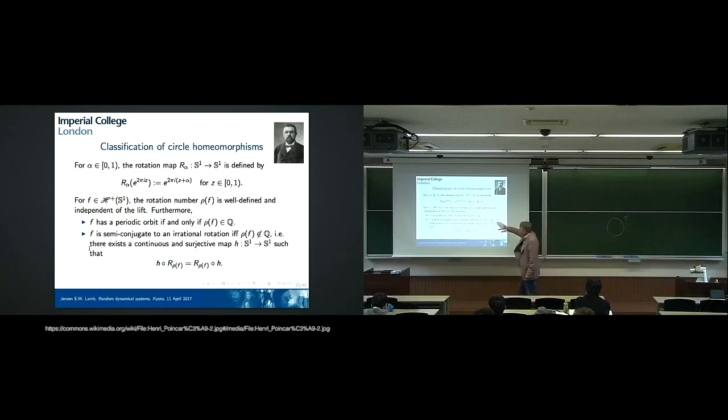In the rational case, we don't really have this conjugacy to rotation, typically. But what happens typically is that we have a periodic orbit, say of 4 points, a period 4 orbit, for instance, where points are mapped around.